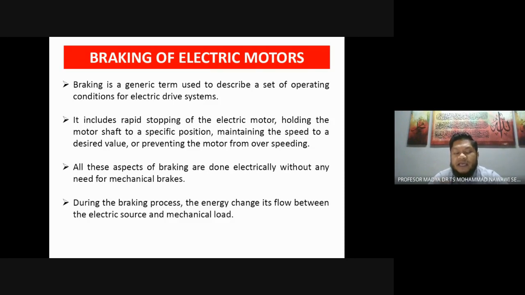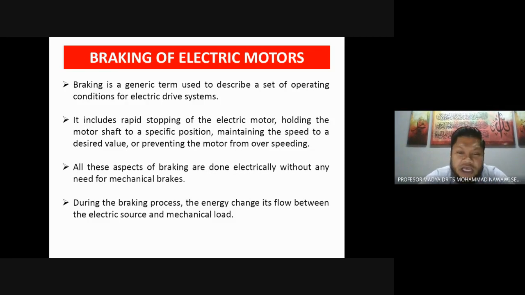You want it to keep rotating, but maintain the speed. Again, if you are going down the hill, you want to maintain the speed of your vehicle, your car, right? So you need to apply the braking system to your car, isn't it? So that it moves with a constant speed.